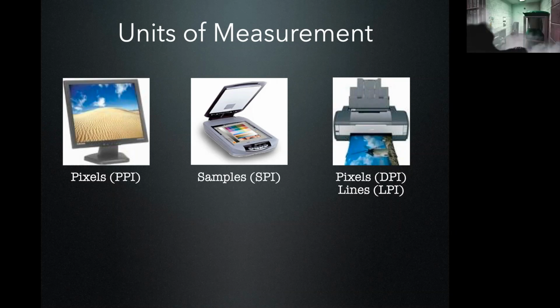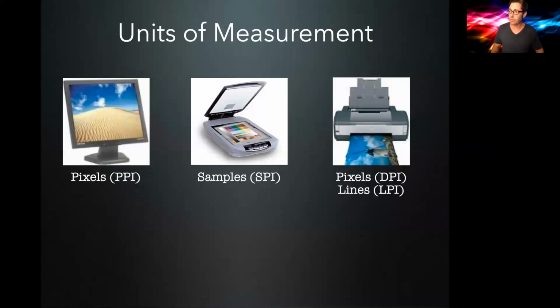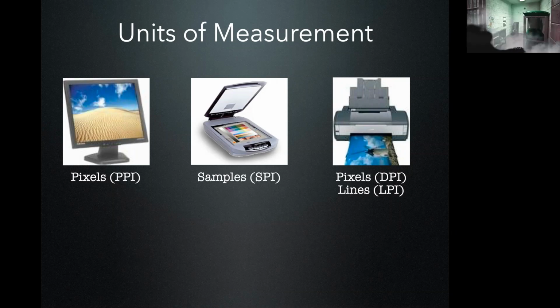And what devices produce pixels per inch? Computer screens, exactly. HD screens, TV, electronic billboards, anything that's, when we talk about PPI, we're talking about typically light producing devices. So cell phones, mobile, that's PPI.